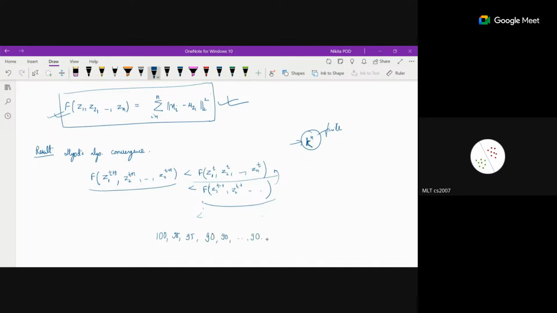But it is stopping somewhere, right? Because you have k to the power n to be finite. So it's a large value, but it's finite. So at some stage, it has to exhaust. And that's why we can say that Lloyd's algorithm will converge.